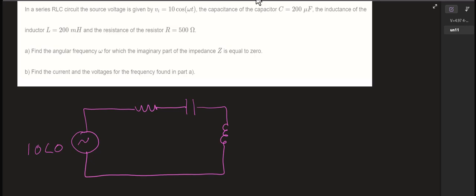The resistor is 500 ohms, the capacitor is minus J over omega C, and the inductor is J omega L. In order for the imaginary part to be 0, minus J over omega C plus J omega L has to equal 0.